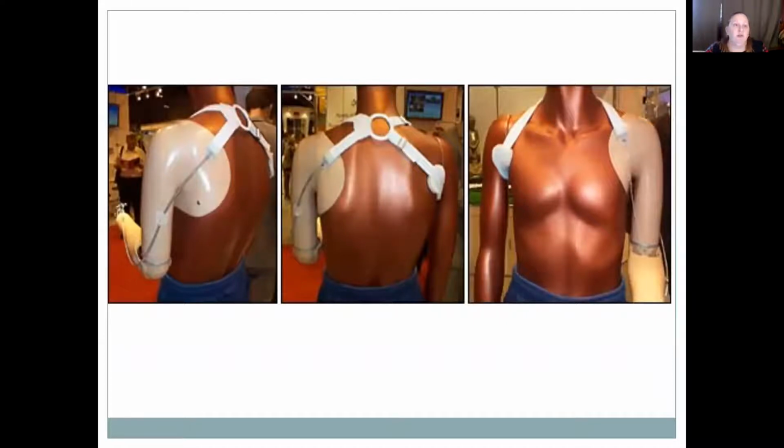Okay, so you can see how it's supported along the back here in hooks. Okay, and then here's your cable coming down. You can see it again here. Okay, and that cable comes around here to the forearm, right? And we have another here. So that can cause the arm to pull up.